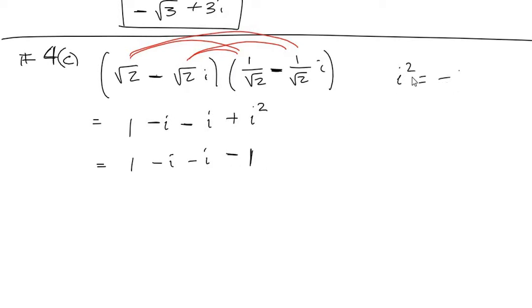Remember that is what i does. i is the square root of -1, so its square is -1. So we should never leave i squared in an answer, because i squared is just -1. So we get 1 plus -1, well, that adds up to 0, and then we've got the two i's there that add up to minus 2i.